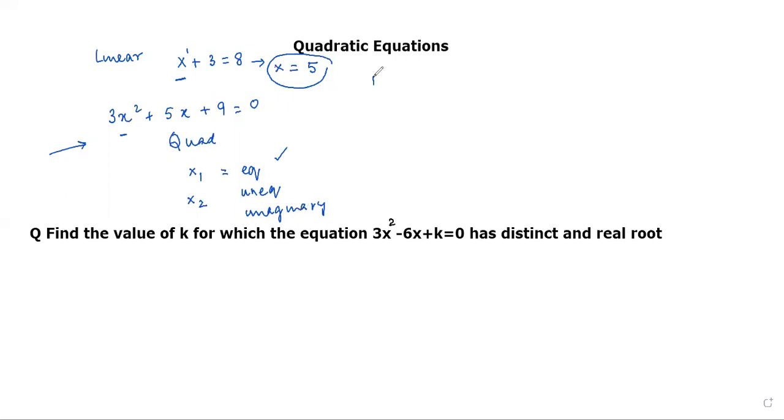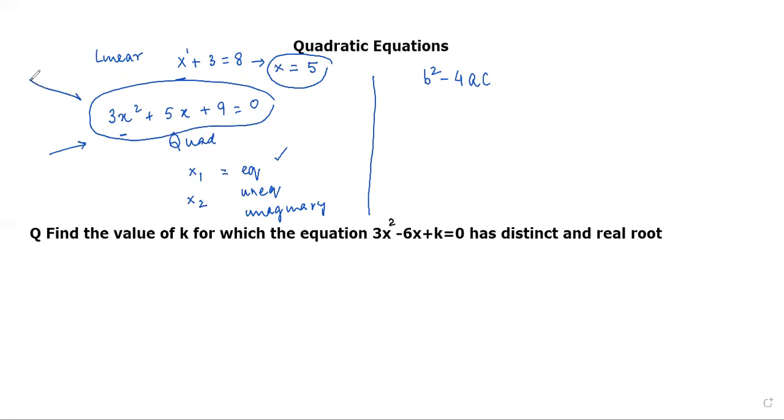Now, how to find whether in an equation the roots, or the solutions, or the values of x are equal, unequal, or imaginary? There is a magical expression which we use to find this, and that magical expression is b square minus 4ac. Now, what is b, what is a, what is c?